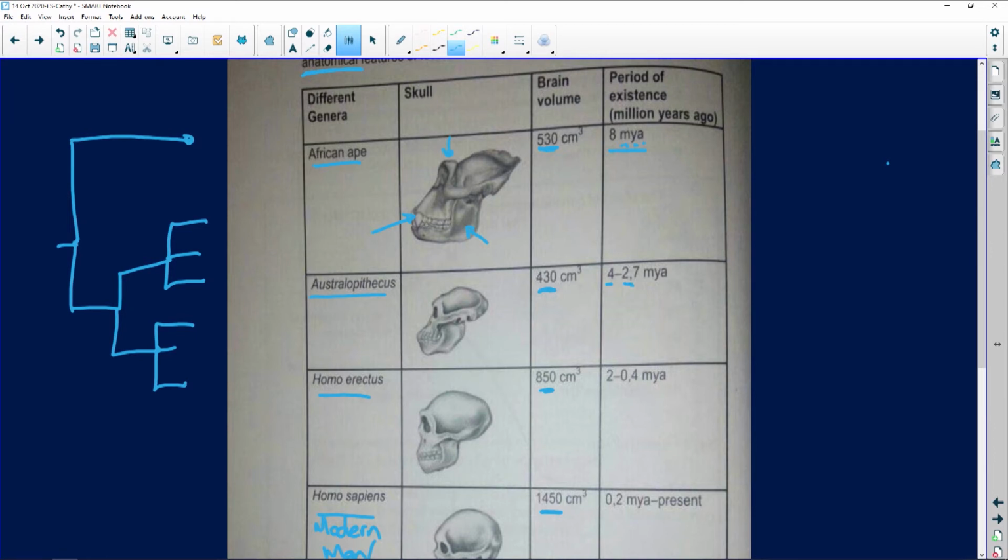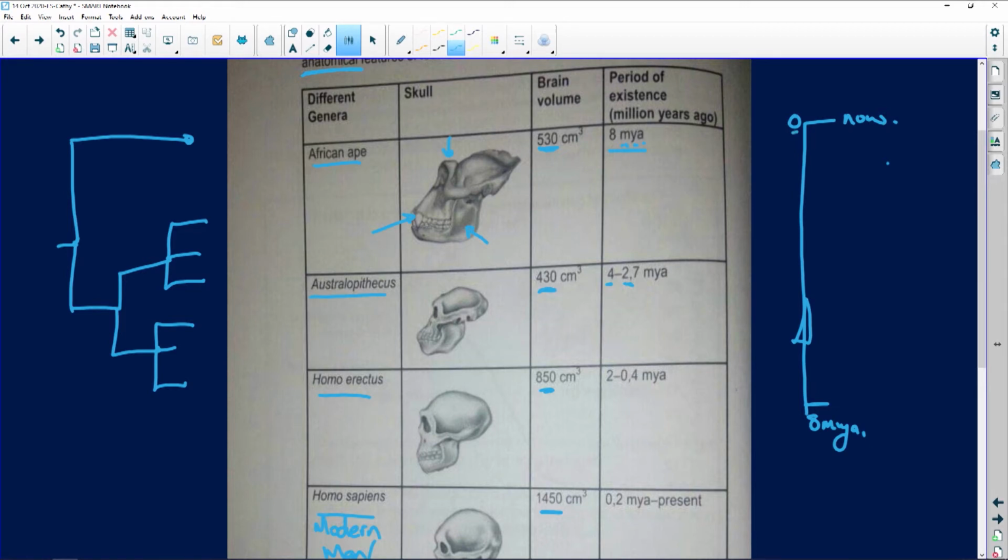Remember, we work backwards. So this would be 8 Maya, and the graph would go all the way up to 0, which would be now, when we have modern man.